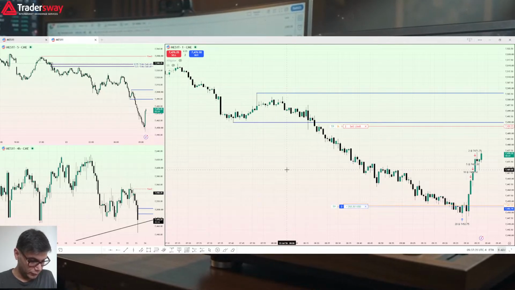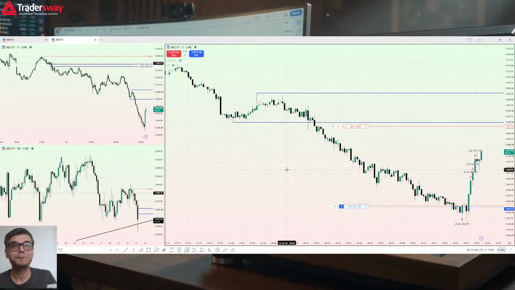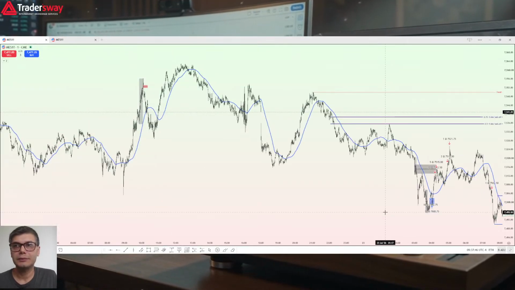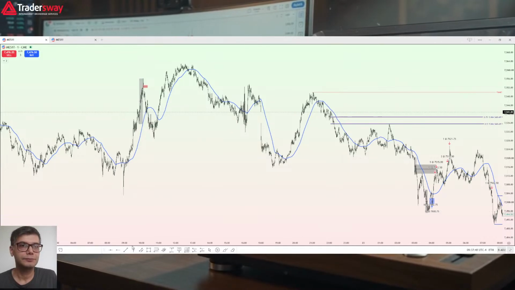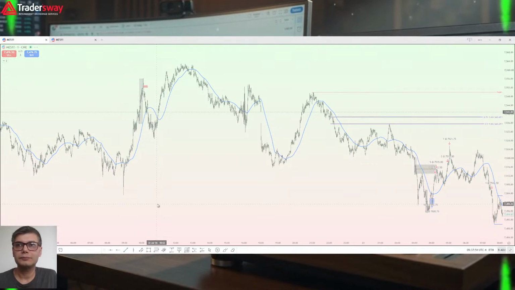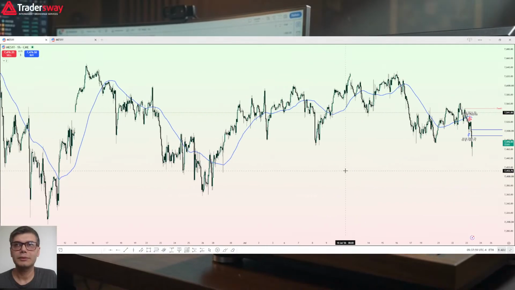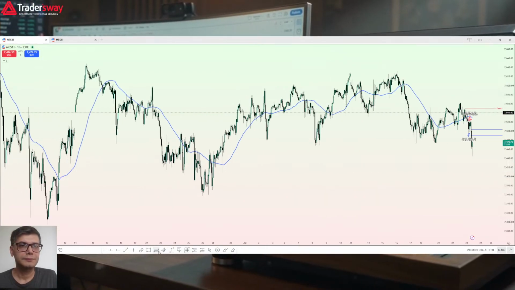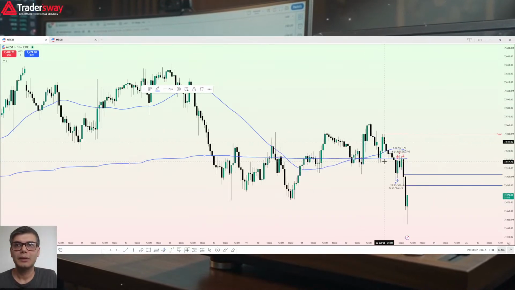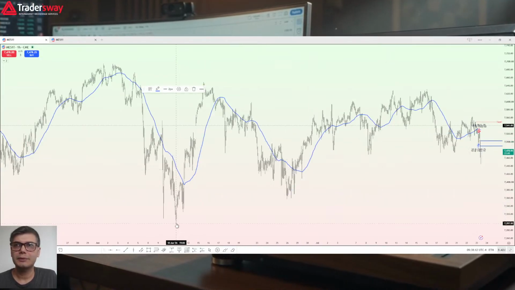The first trade I took during London session was based on VWAP, hourly VWAP. I guess it was this VWAP.